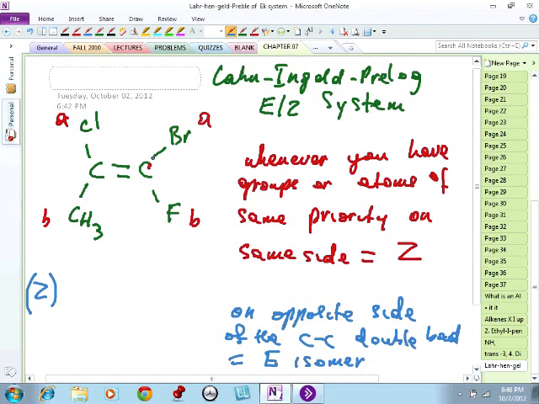Propene, and so you put carbon number 1, 2, and 3. So this becomes 1-bromo, 2-chloro, 1-fluoro in alphabetical order.